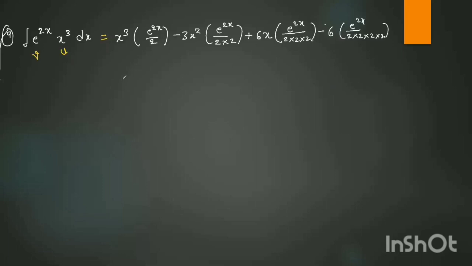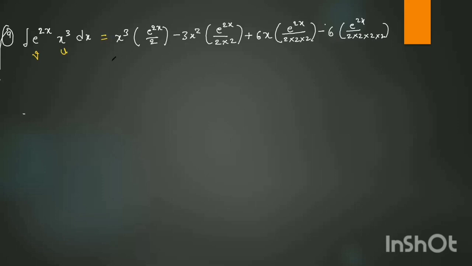It is a very simple procedure to apply this Bernoulli's integration by parts. Keep u as it is, integrate the v term, differentiate the u term, integrate the previous term, differentiate the previous term, integrate the previous term, differentiate the previous term, integrate the previous term. That's it.